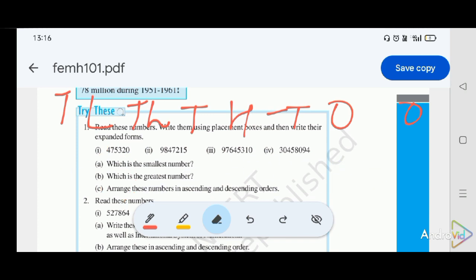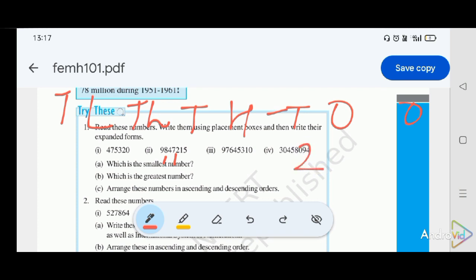Similarly, we can write for the next number. Next number is 98,47,215.